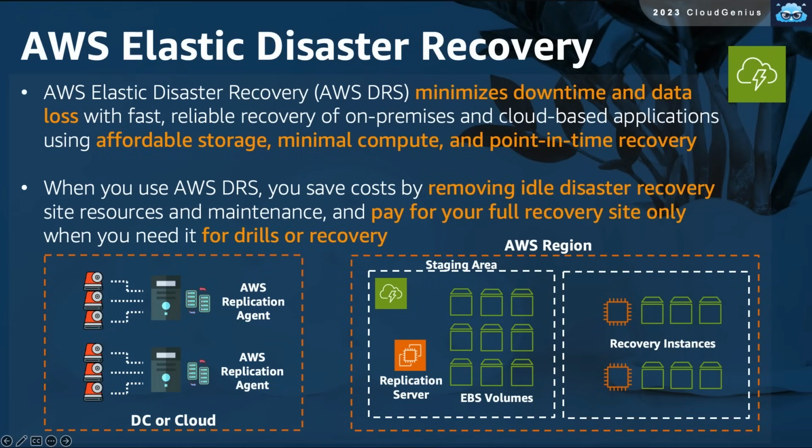One of the benefits of AWS Elastic DRS is the cost optimization it offers. By leveraging the on-demand nature of AWS services, you can avoid the need to maintain a fully active disaster recovery site when it's not actively needed.